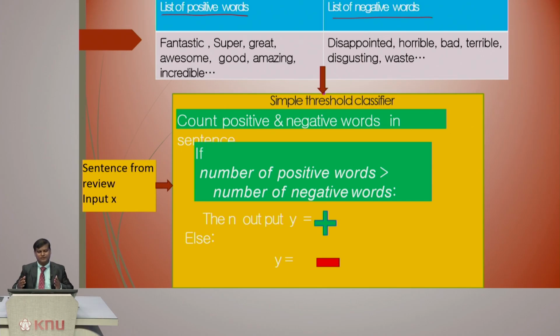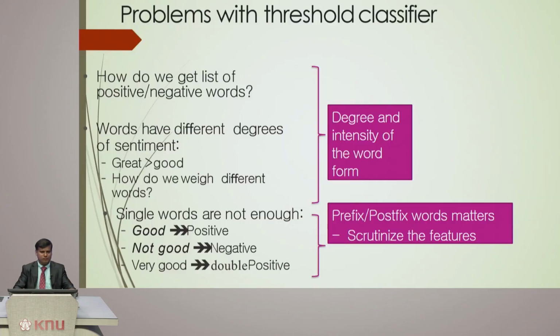If the number of positive words is greater than the number of negative words, then we say this movie has a positive review, or else we say this movie has a negative review. Let's see more on this.